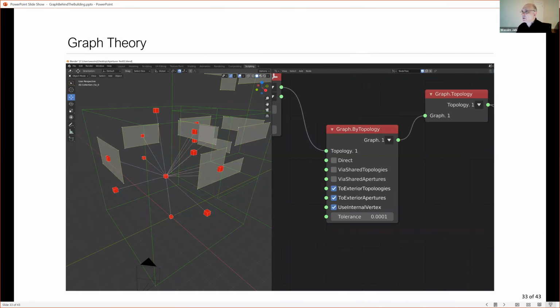It also has all sorts of options. Do you want the graph to also represent or connect to apertures on the exterior walls, to exterior topologies or not? Do you want to use an internal vertex or just a centroid? This is a bit old now, it has increased a little bit more than this, but you can customize the dual graph so that you get information.